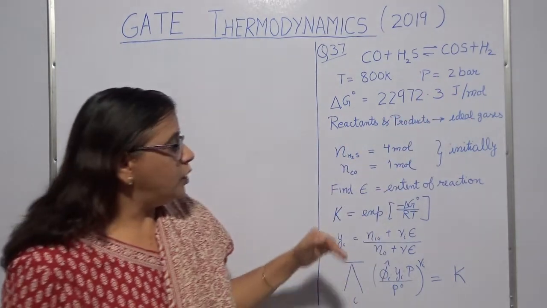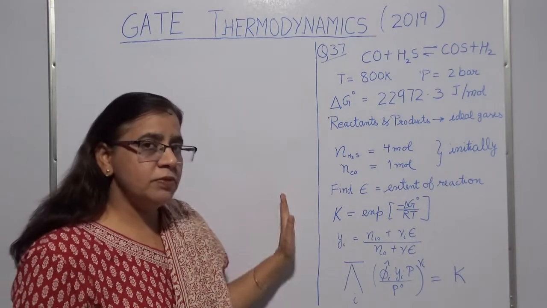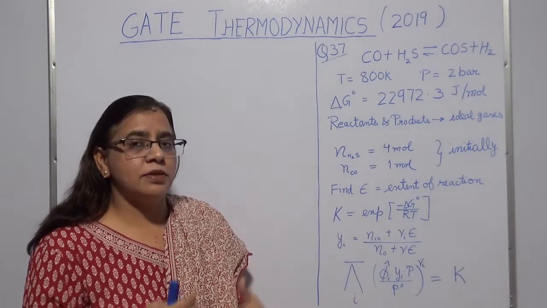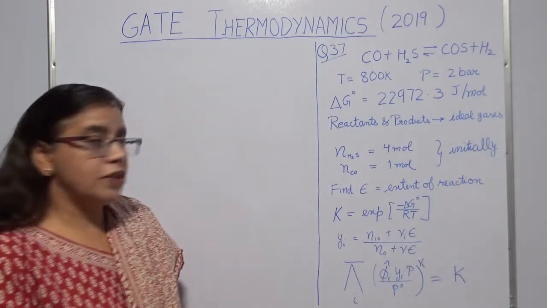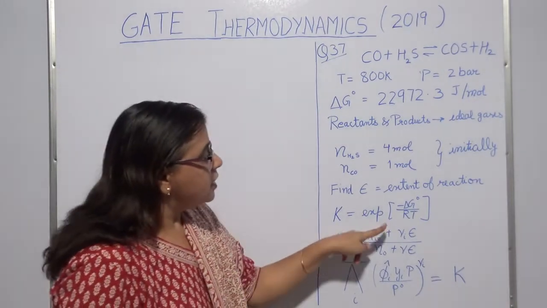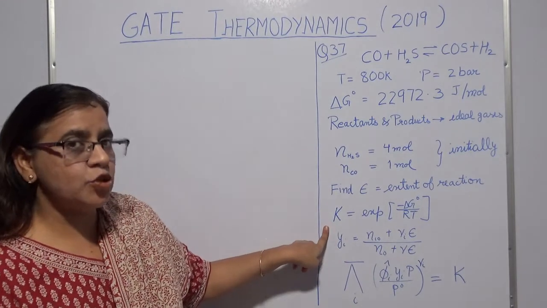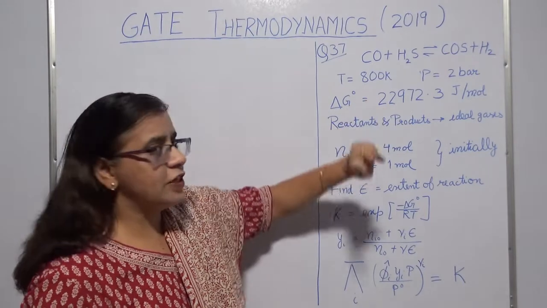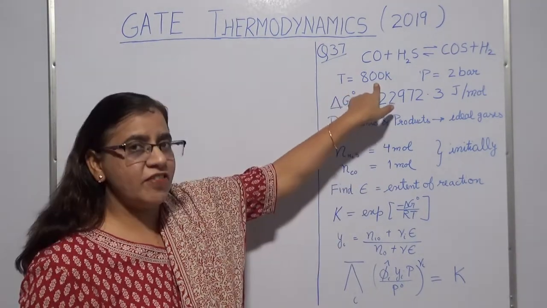Since this problem looks very lengthy, you have to really make out the steps in which you have to solve it. The first step I will suggest is that everything for the calculation of the equilibrium constant is usually given in the problem. You have your delta G0, the R value 8.314 in SI units, and T is given as 800.